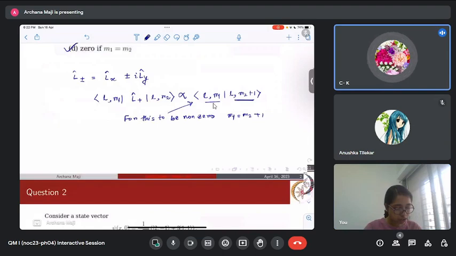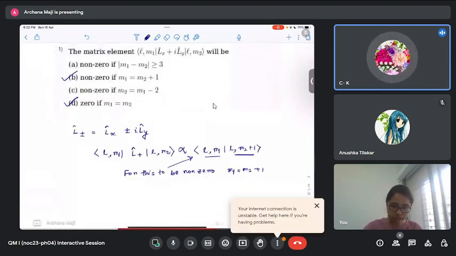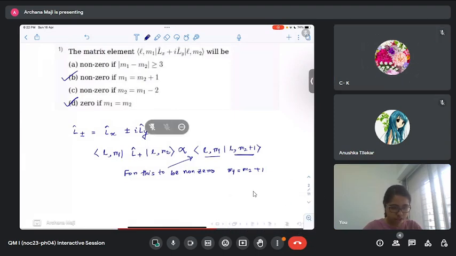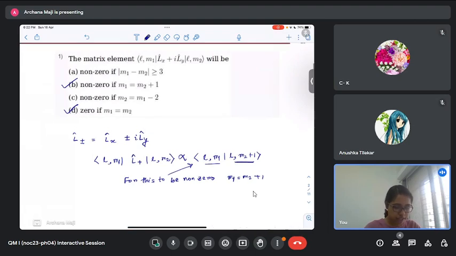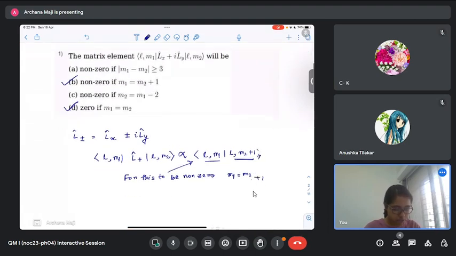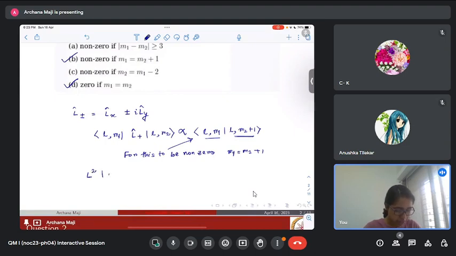Madam, why is m1 equal to m2? It is orthogonal. So these are eigenstates. L square acting on |l,m> gives h cross square l(l+1) |l,m>. Lz acting on |l,m> gives m h cross |l,m>.